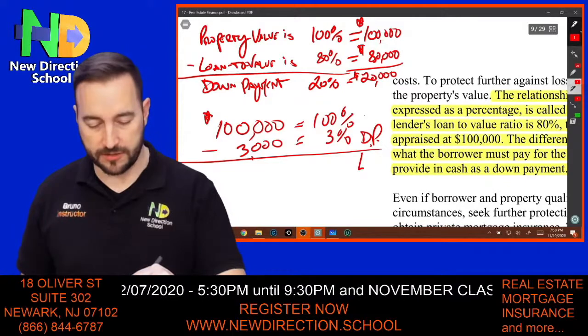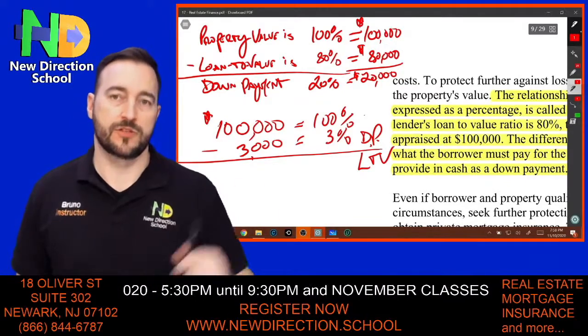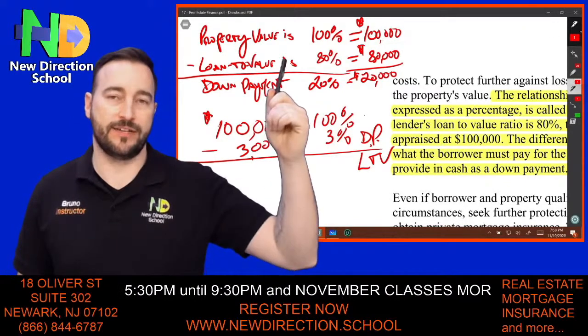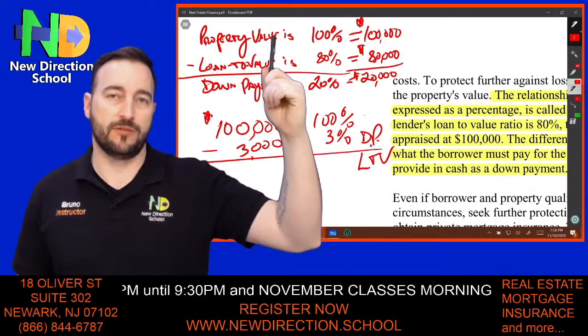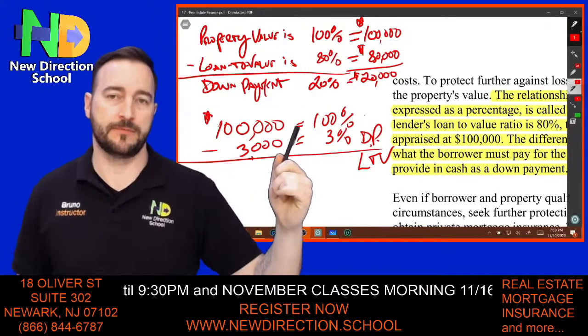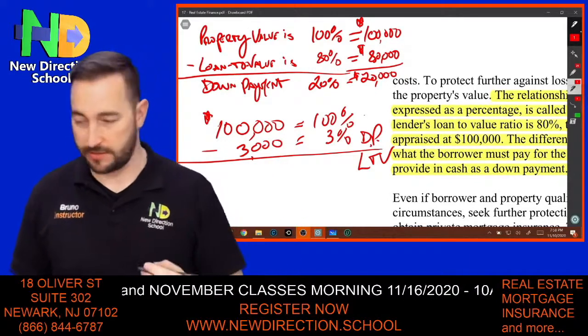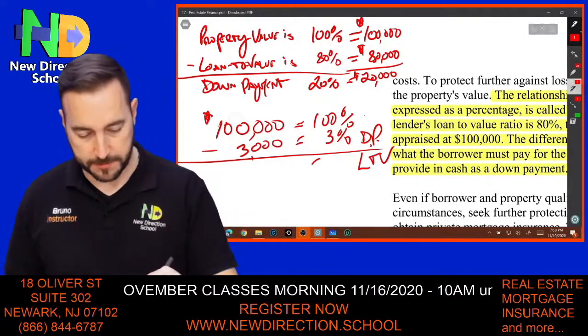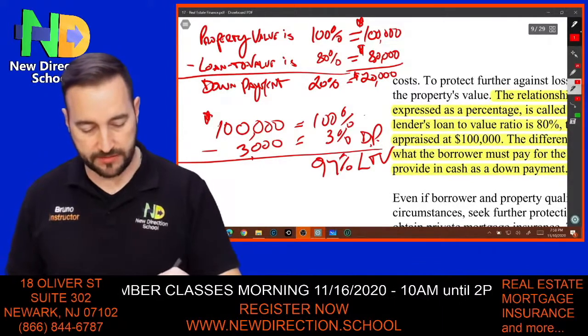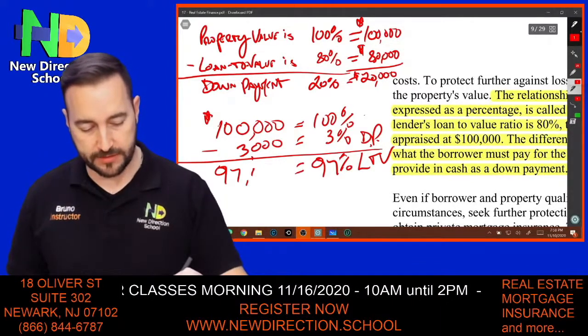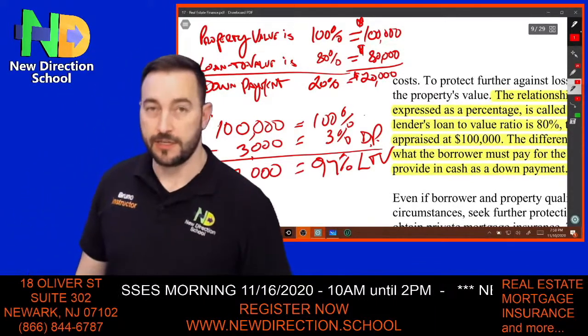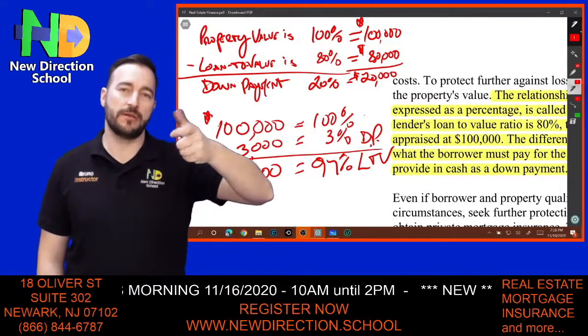What is the LTV? What I'm trying to show you real quick is that the difference between loan to value and property value is down payment. The difference between down payment and property value is LTV. So in this case, 97% LTV, or $97,000.